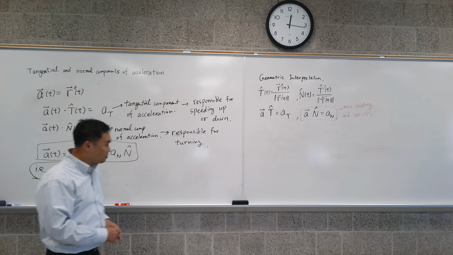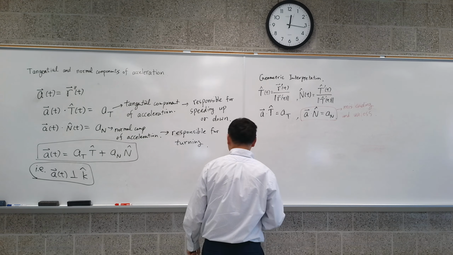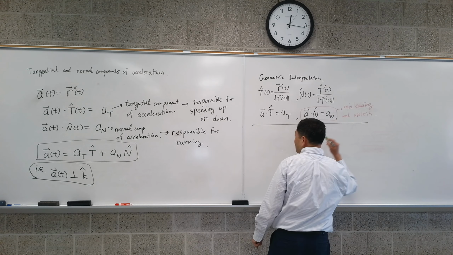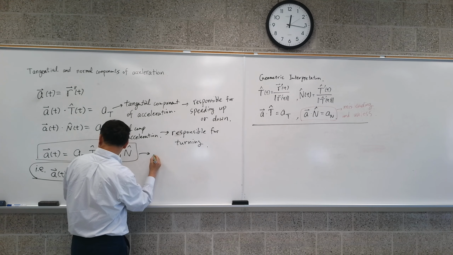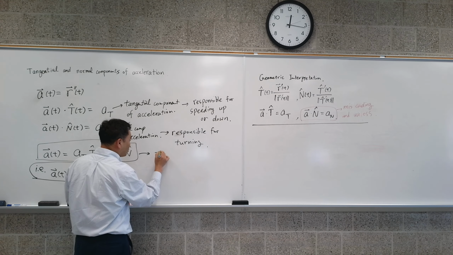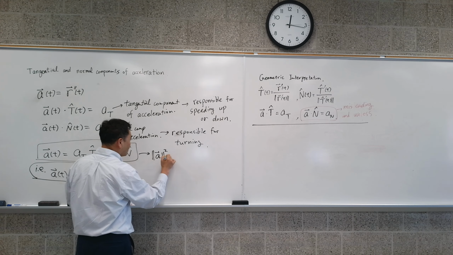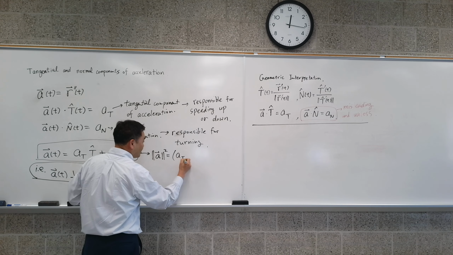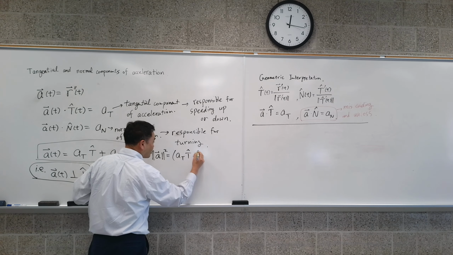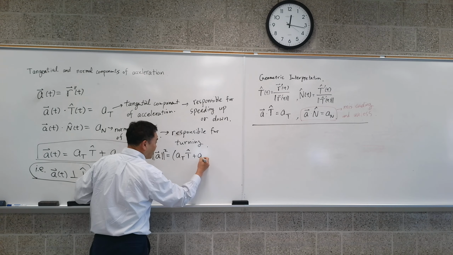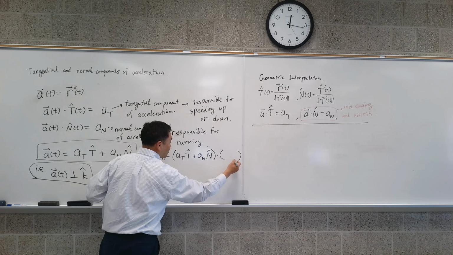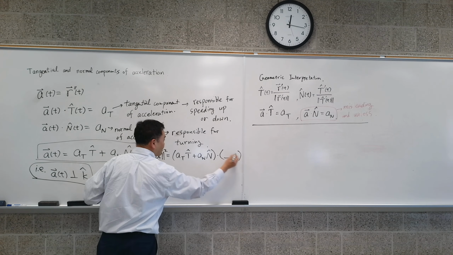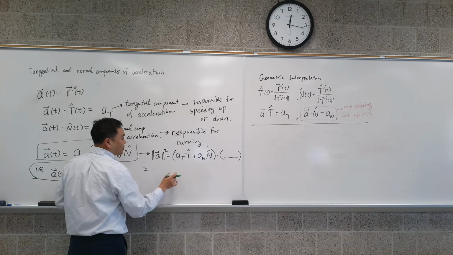So a nice way to do things is, okay, say the norm of a squared is a_T T hat plus a_N N hat dotted with itself.